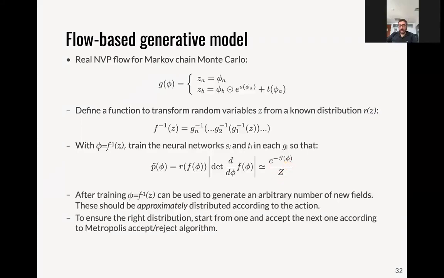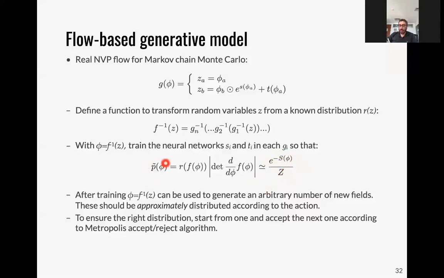So after you train to get close to this p tilde, you can then treat the chain that you get. The phi's that come out of this p tilde of phi that you've generated, you can do a Metropolis accept-reject over those in order to ensure that those phi's do indeed follow the distribution that you want, which is e to the minus S(phi).